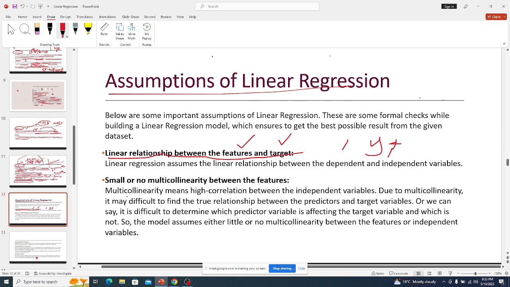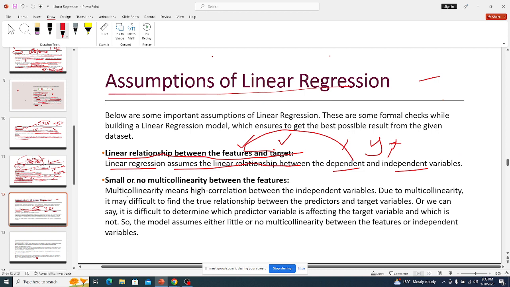X. So we must have a linear relationship between y and x. That's what it means. So linear regression assumes a linear relationship between the dependent variable, which is our target, and the independent variable.